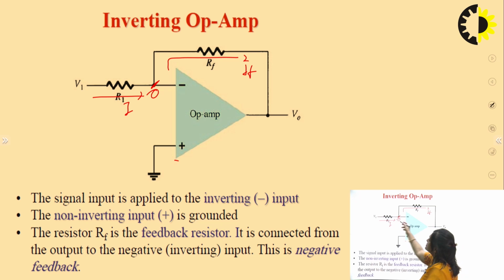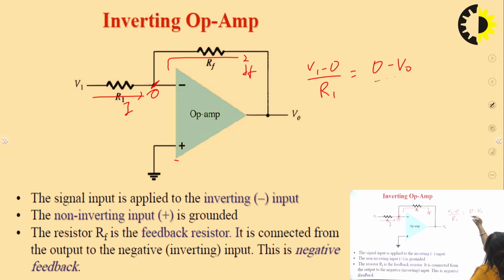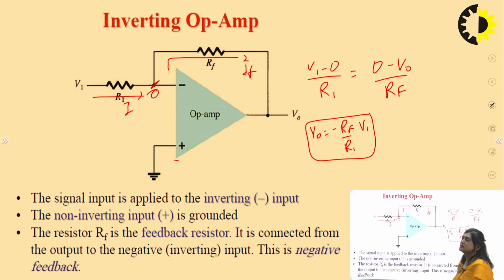So we can write this current as V1 minus 0 upon R1, equal to 0 minus V naught upon RF. On further solving, we get V naught is equal to minus RF upon R1 times V1. This is the output in the case of an inverting amplifier.